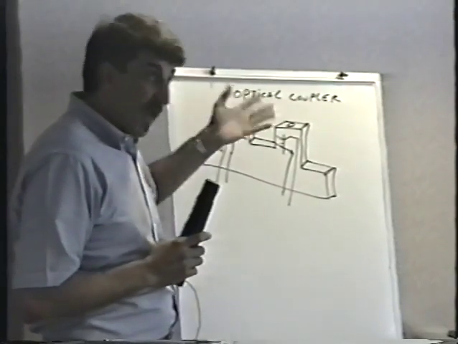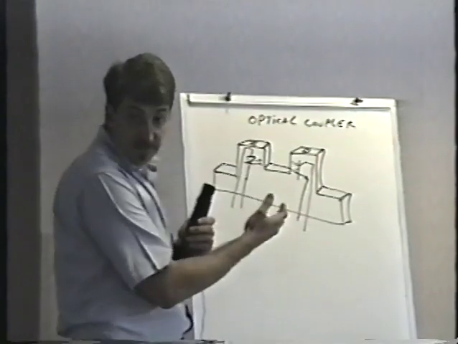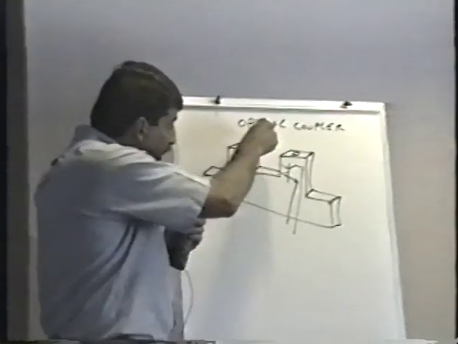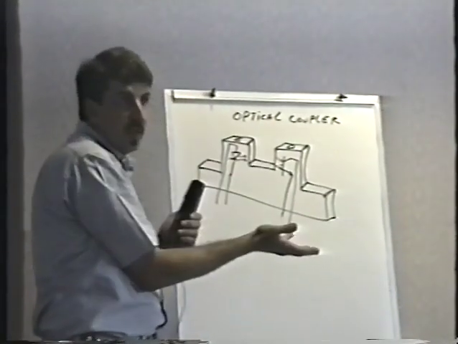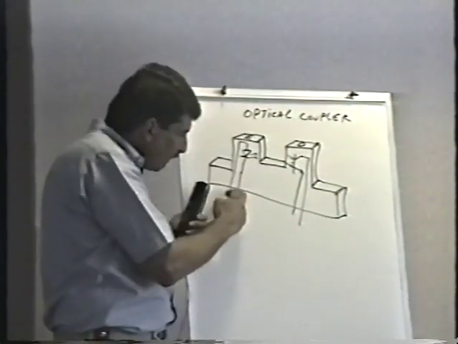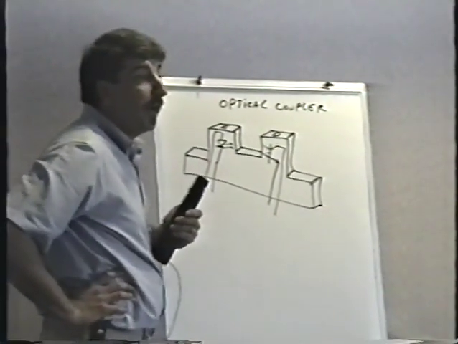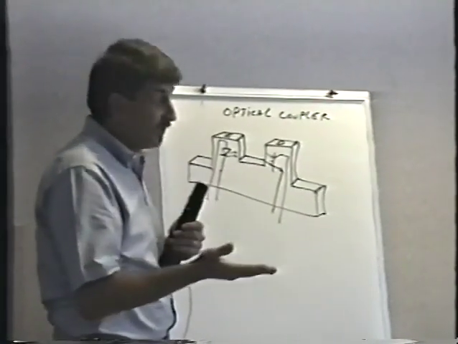When these things fail, the drop targets don't work anymore, and usually the LED simply burns out. So all you have to do is take your little sensor card and hold it in there. If you see that it's glowing red, the optical coupler is okay. If it's not glowing red, the optical coupler is bad, or the connections to it are bad. So that's really handy. It's really nice to be able to check that infrared.